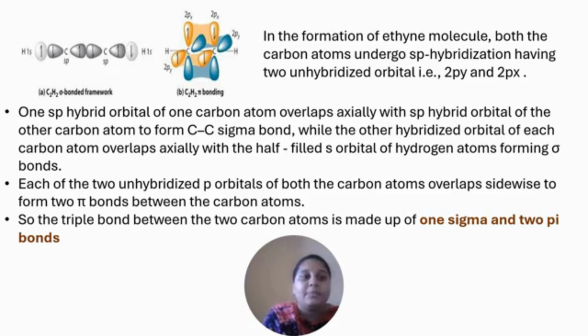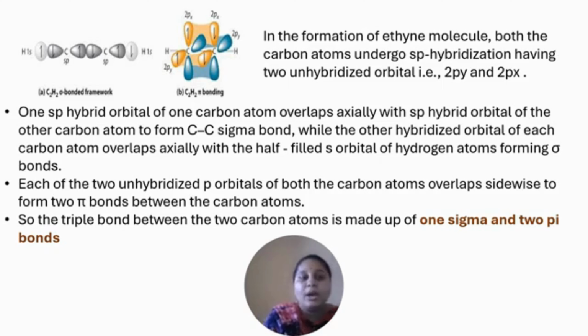One sp hybrid orbital of one carbon atom overlaps axially with an sp hybrid orbital of the other carbon atom to form a carbon-carbon sigma bond, while the other hybrid orbitals of each carbon atom overlap axially with half-filled s orbitals of hydrogen atoms, forming sigma bonds.